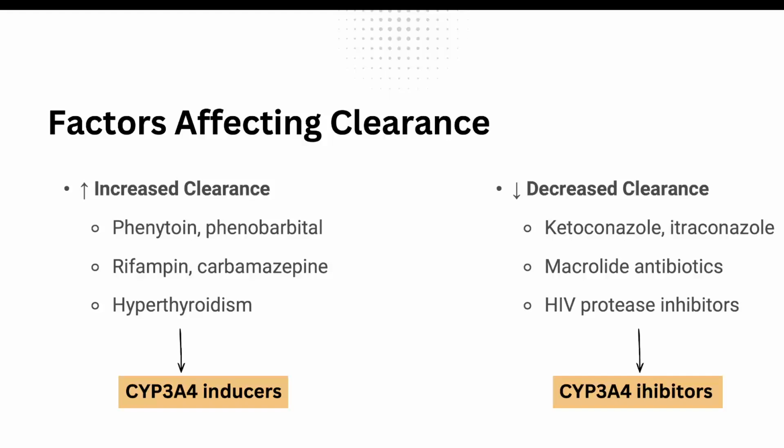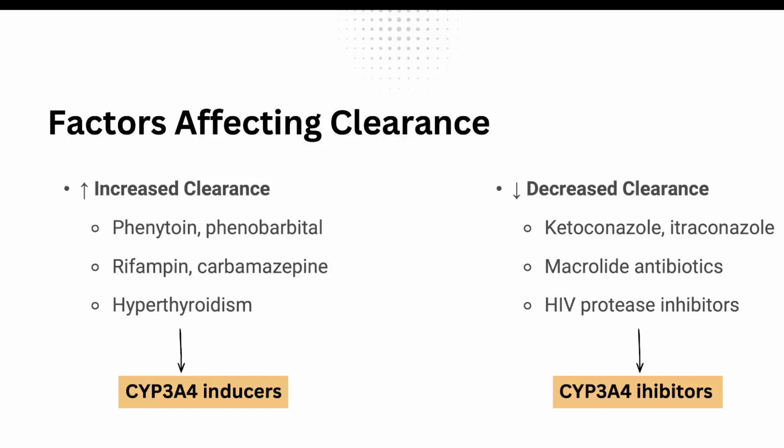These are examples of medicines that increase or decrease the metabolic pathway of glucocorticoids or cortisol. Phenytoin, phenobarbital, carbamazepine are anti-seizure medicines. Rifampicin or rifampin is an antibiotic.